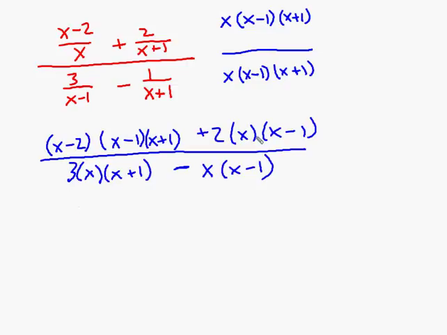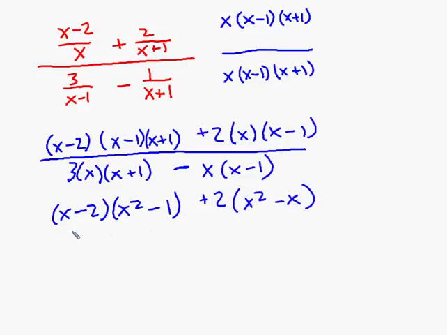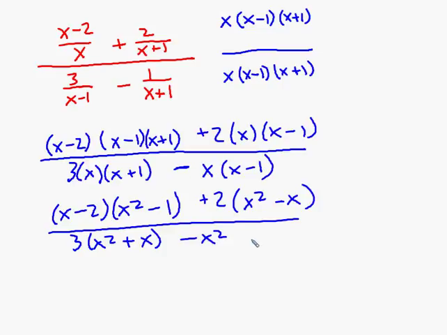So at the top here, I'm just going to do a process of multiplying. So I have an x minus 2. I'll do this x minus 1, this x plus 1. I'll get x squared minus 1 at the end. And over here, I always do the things with the variables first. So that's where I'm getting all that. I'll multiply down here. I'll distribute that negative x.